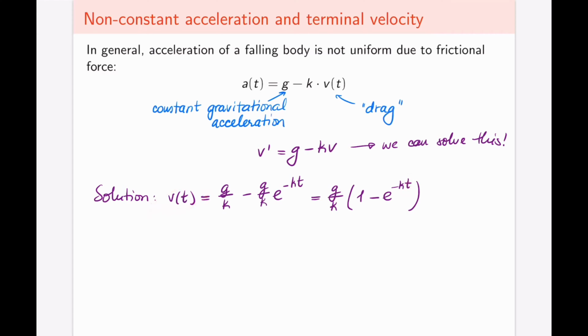One interesting thing to ask is what happens as time goes to infinity? So if I drop the object in the same sort of air space and it falls for a very long period of time, what is going to happen to the velocity?